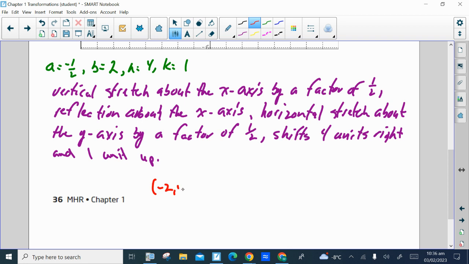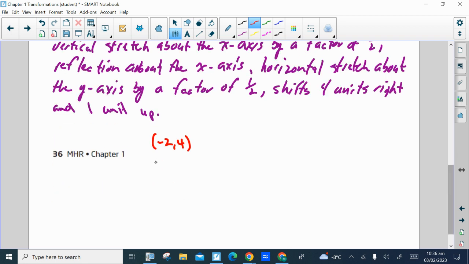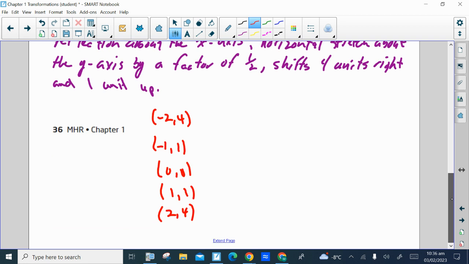So if we write our points out: (-2, 4), (-1, 1), (0, 0), (1, 1), and (2, 4). The first parameter we had was our a value of -1/2.